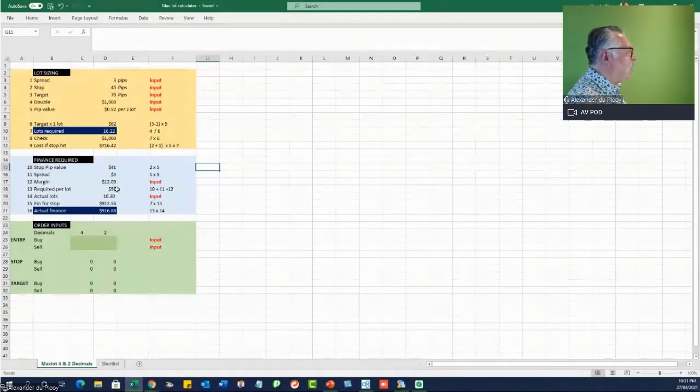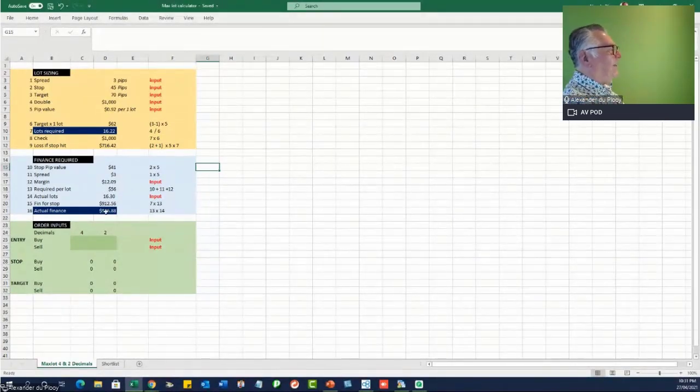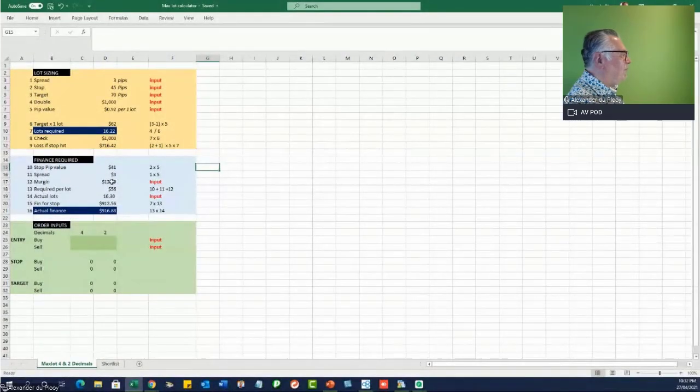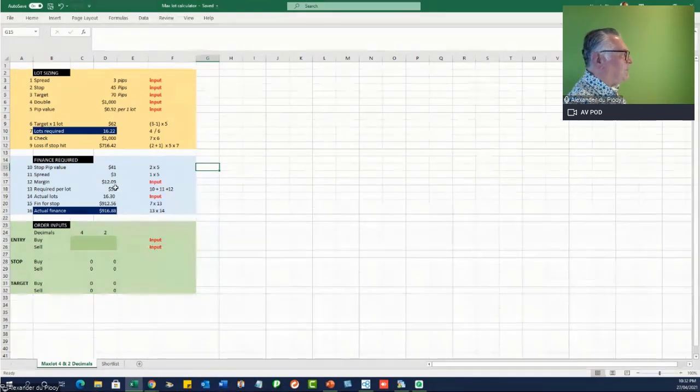For every lot that you trade, and there's a video on this, so don't worry if you don't understand this offhand, you need $56. If we're going to trade 16 lots, then to finance the stop and the margin, this is $900. That makes sure that I've got enough money to finance the stop. So that's good.